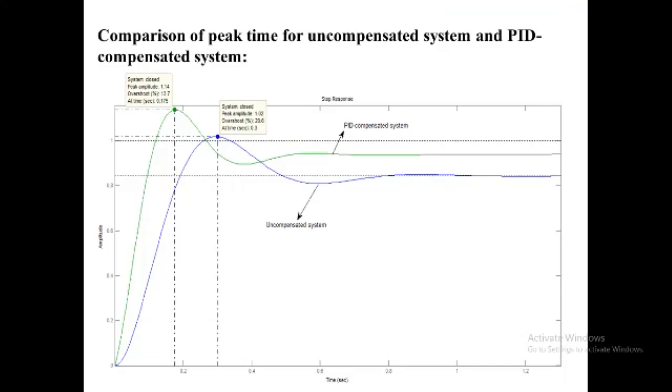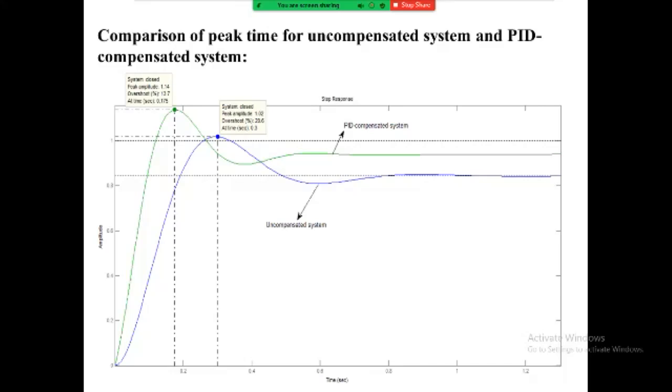Now we have to check the PD compensator design with the loop gain of 5.39 in MATLAB simulation. The step response of the PD compensated system is shown in the figure, and the peak time is observed as 0.174 seconds with the loop gain value of 5.39.